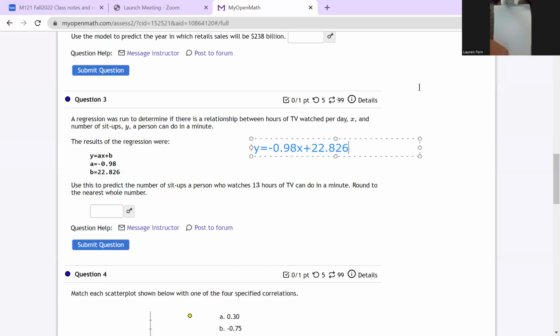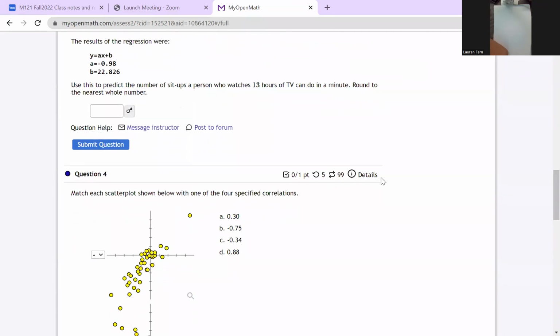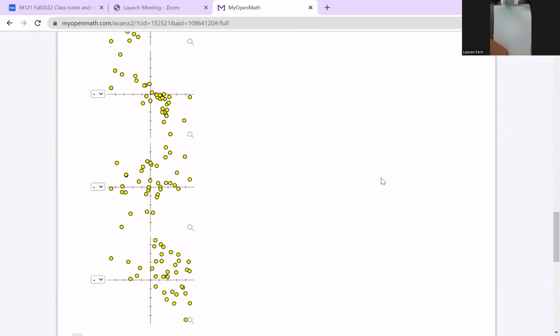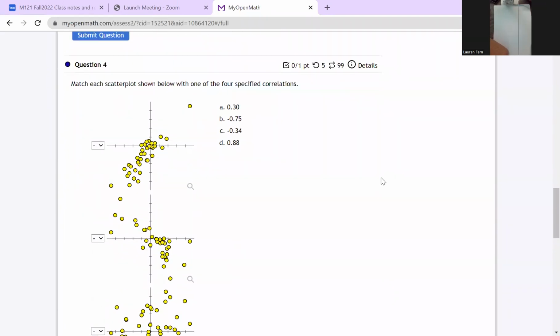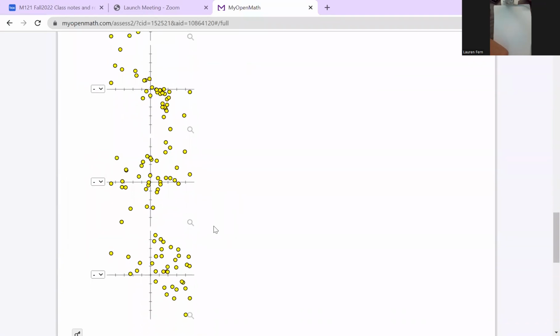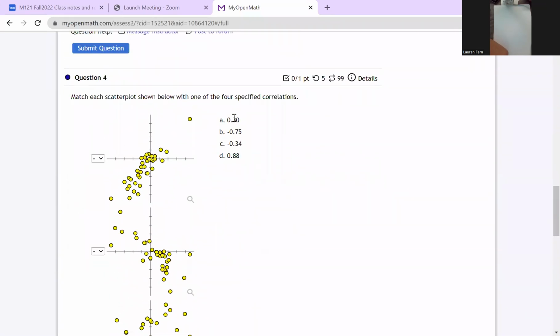All right. So I then will just show you in this next example, they have some scatter plots. Okay. In other words, they plotted the data. And what they want you to do is match each of these 4 data scatter plots with the corresponding correlation coefficient. Okay. So notice A and D are both positive.